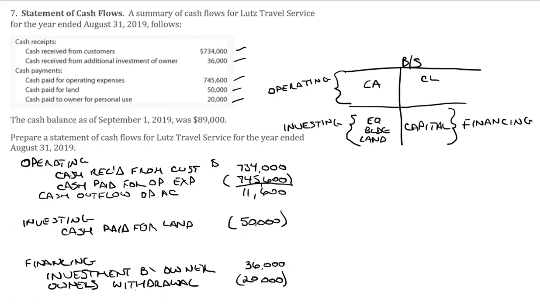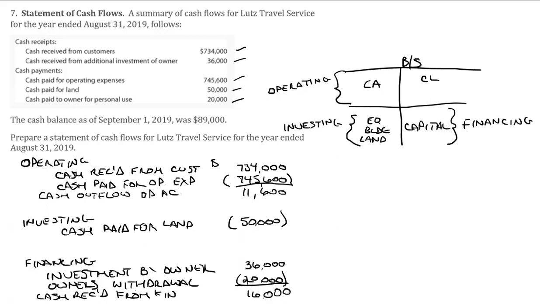Then cash paid for investing activities, I've got 50,000. And net financing activities, cash received from financing activities would be 36 minus the 20, a net of $16,000.